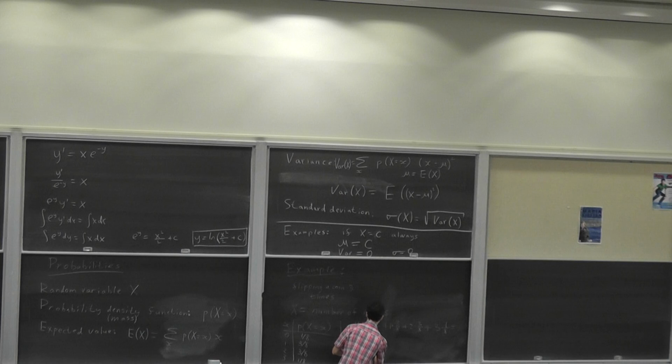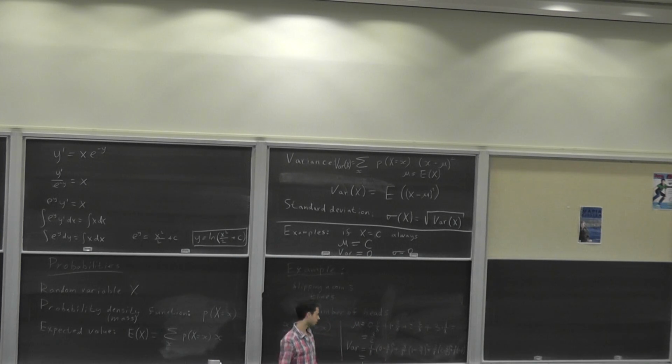So just one definition: probability of getting 0 times 0 minus the average squared, plus probability of getting 1 times 1 minus the average squared, plus probability of getting 2 times 2 minus the average squared, plus probability of getting 3 times 3 minus the average squared.